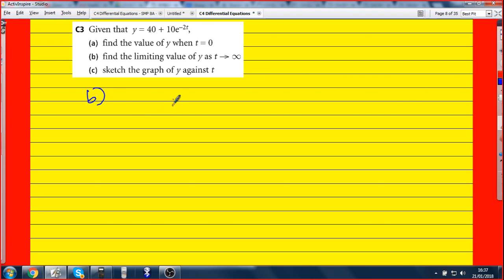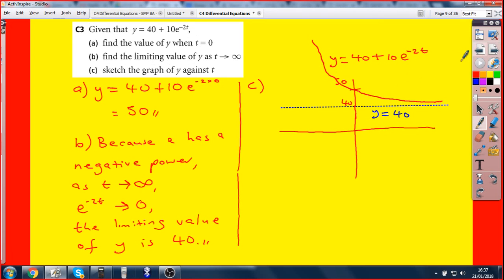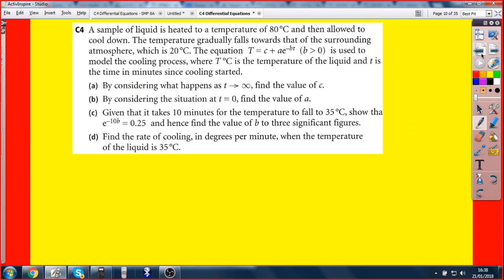So b. Yeah, y equals 40, and that's because it has a negative exponent, negative power, so it's going to be 10 over. Do you want to sketch the graph? I think you're okay for that stuff. Consider what happens, find the value of c.